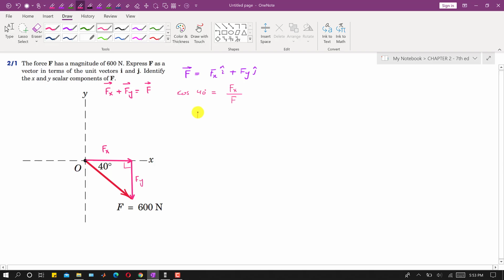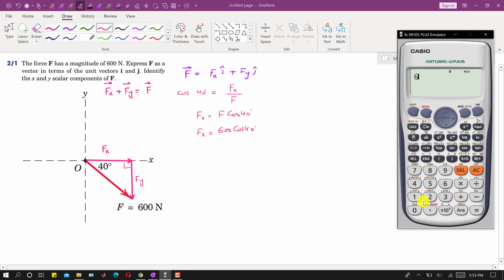So Fx is equal to F cos of 40 degrees. F magnitude is known, which is given. This is 600 cos of 40, which is 459.62, approximately 460.